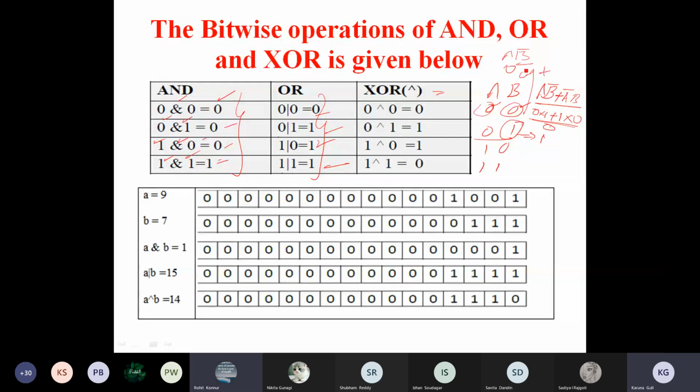Zero, these two will be multiplied here. Then again I have A bar B. Okay, so what is A bar? A is 0, bar of that is 1, multiplied by B, which is 1. So 0 into 0 plus 1 into 1. What is your expectation out of it? 1. Correct, no? That's why I'm going to get this as 1.